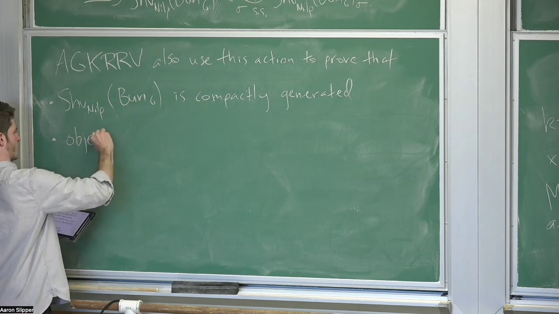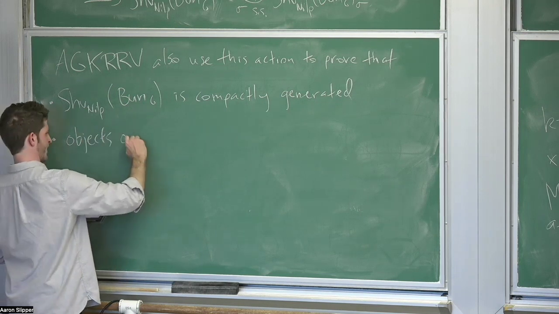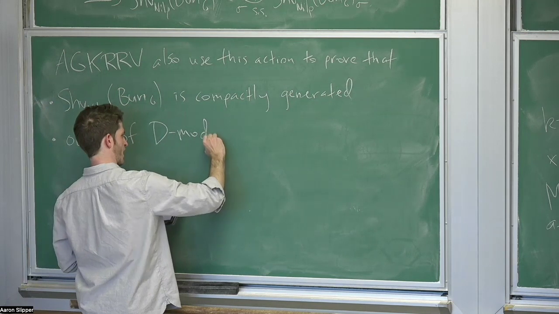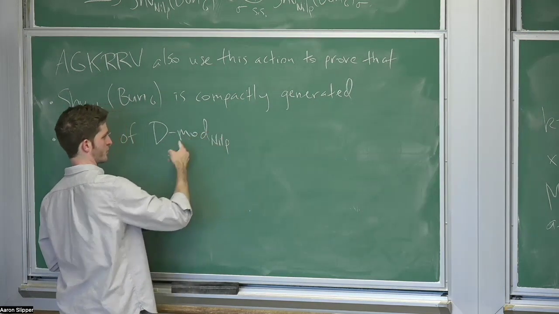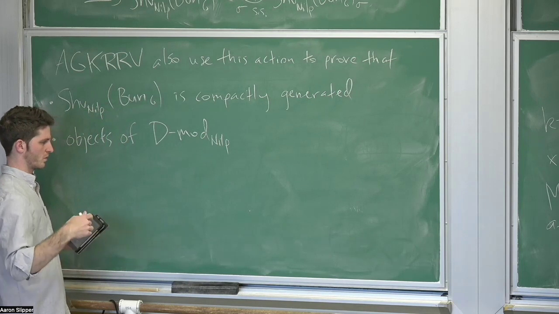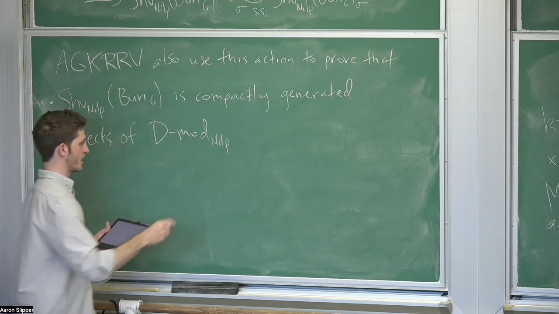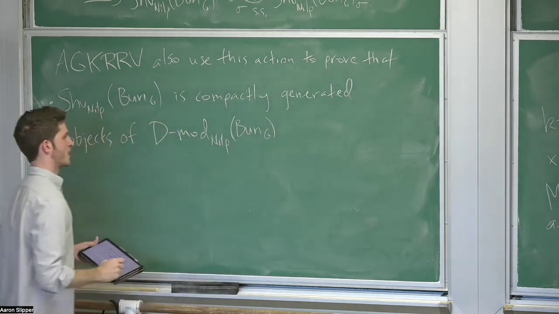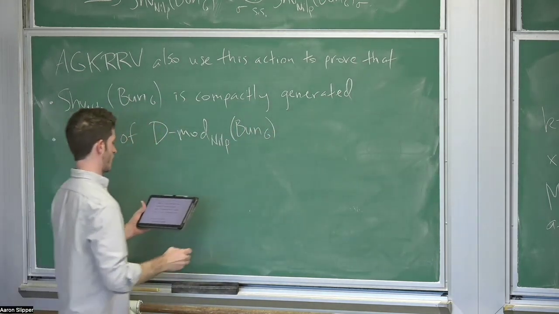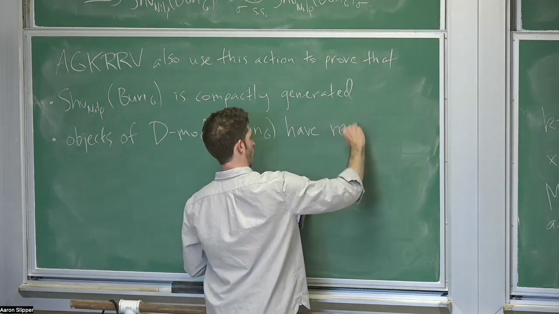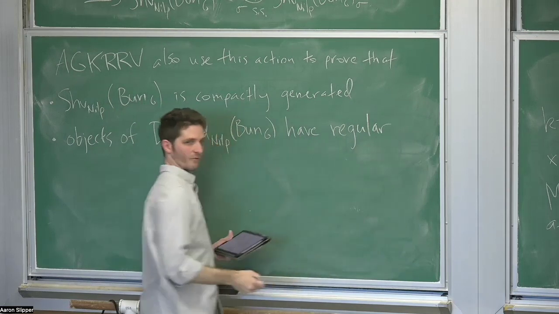Another really interesting corollary to this is in the D module setting, the de Rham situation. I can talk about arbitrary D modules, not necessarily with regular singularities or anything like that. And impose the nilpotent singular support condition, and then that actually implies that they have regular singularities.